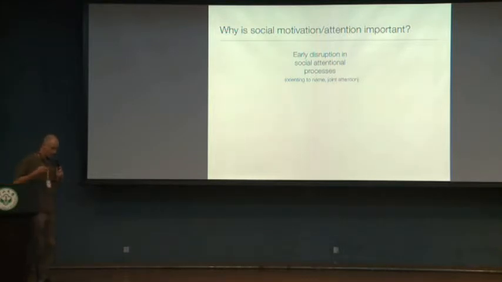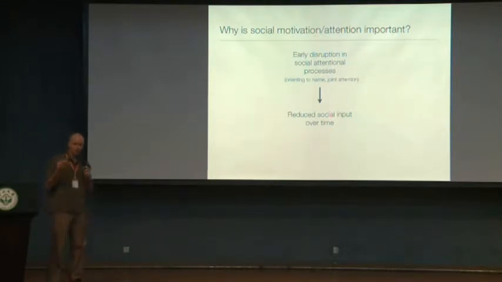One big question that we're looking at is what is it that motivates us to pay attention to social stimuli, that makes social stimuli rewarding. And linking this to autism is the hypothesis that if you disrupt these kinds of social attentional or motivational processes early in life, so if you have a baby that is going to develop autism, but the baby isn't interested in looking at faces or interacting normally with its mother or later with other children, then what you would have as a consequence of that during development is reduced social input to the brain.